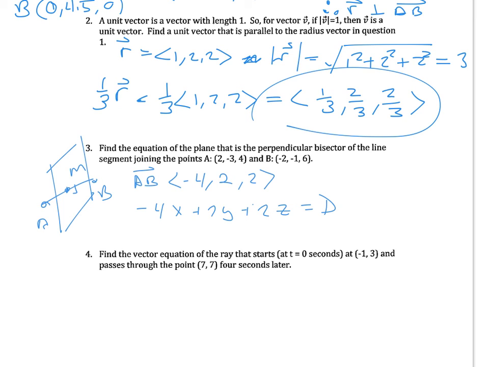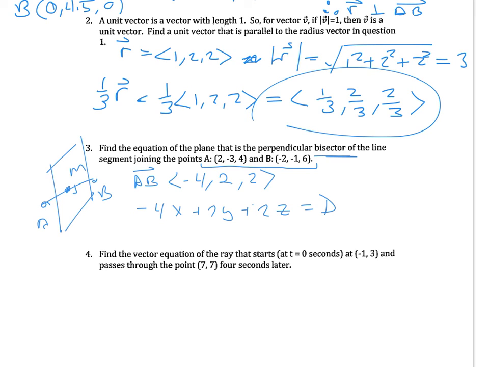To figure out what d is, I need coordinates for a point that's on the plane. I've labeled this point where the line segment intersects the plane M, for the midpoint, because it's the bisector. How do you find a point that's midway between A and B?